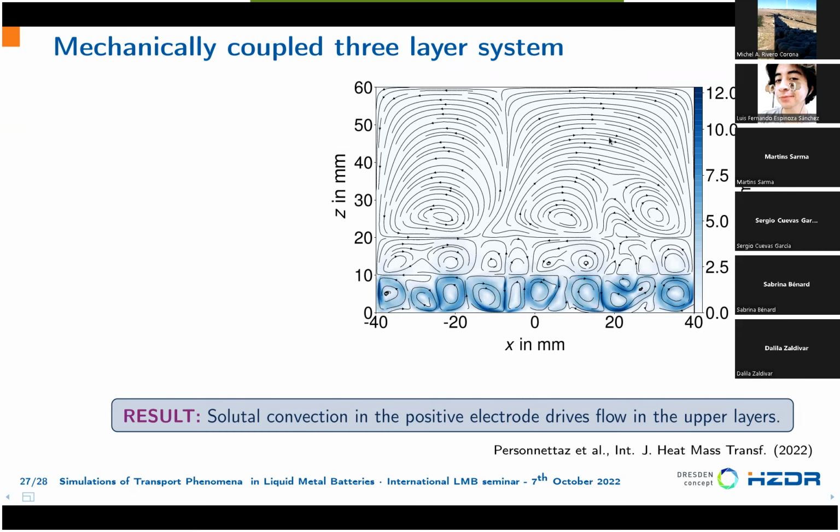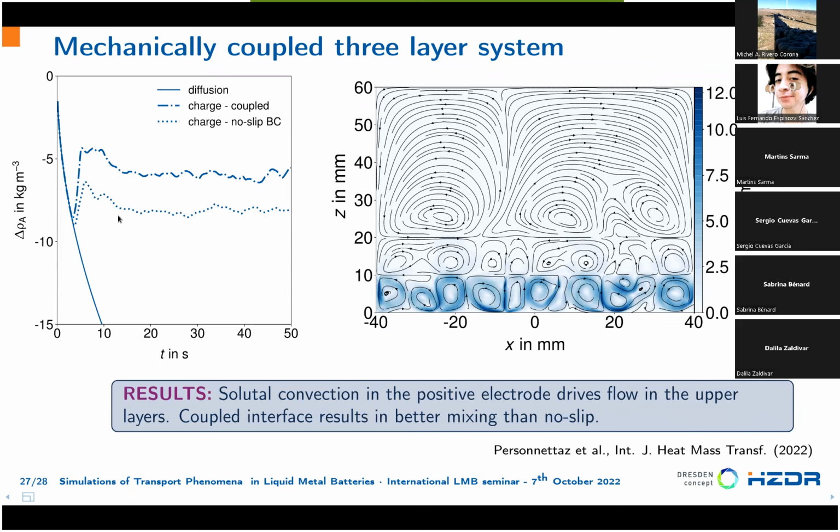And a weaker flow is also transferred to the negative electrode on top. So we have a momentum transfer across the layers. In this simulation, we are not solving heat transport, only solutal convection in the bottom layer and mechanical coupling and fluid flow in the other layers.